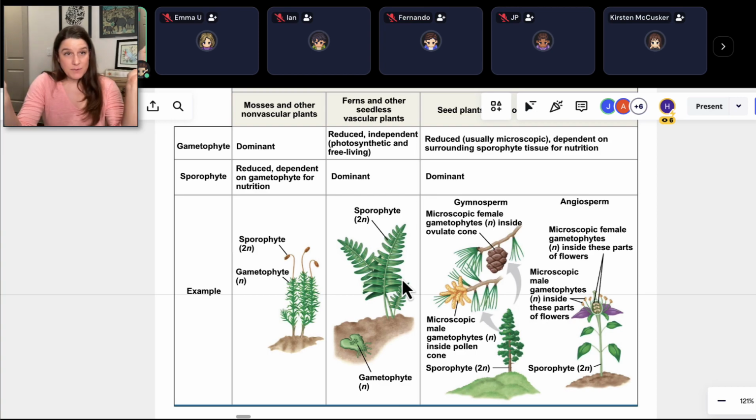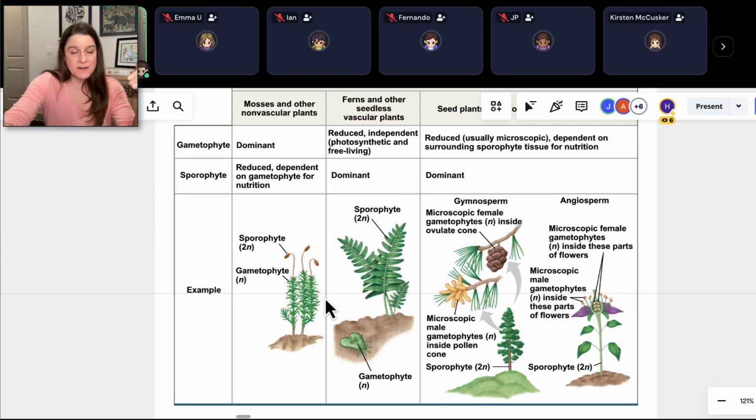Sometimes they're totally separate, like ferns, and other seedless vascular plants. Sometimes they're nested inside each other, where the plant that you see is the sporophyte, and then the cells inside of the cone, or cells inside of the flower, or cells inside the pollen are the gametophytes. So in the seed plants, it's not really a generation meaning another organism. It's just inside of the actual plant.